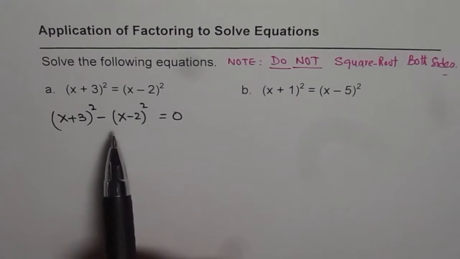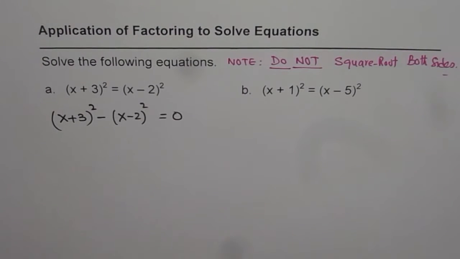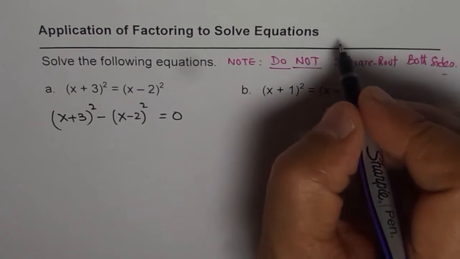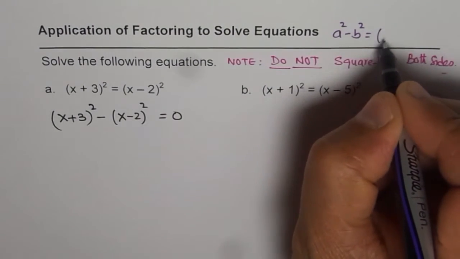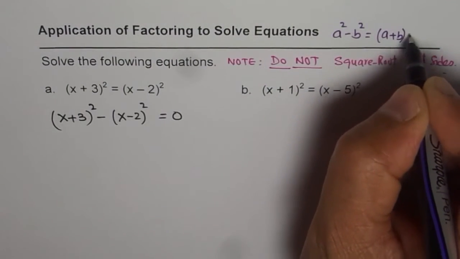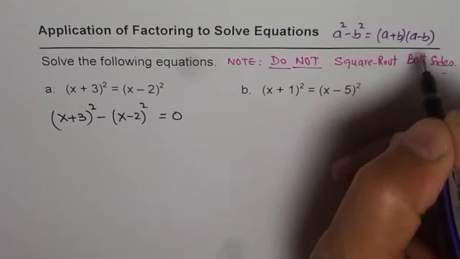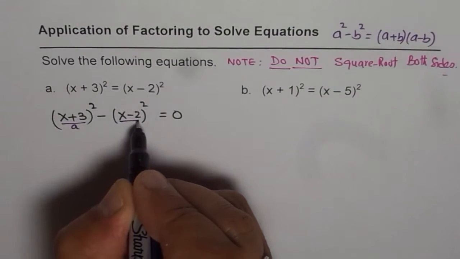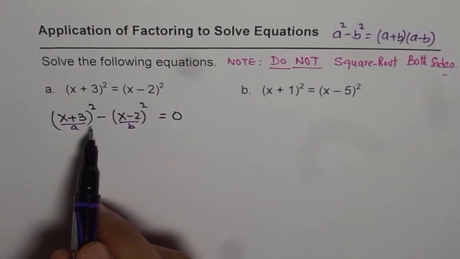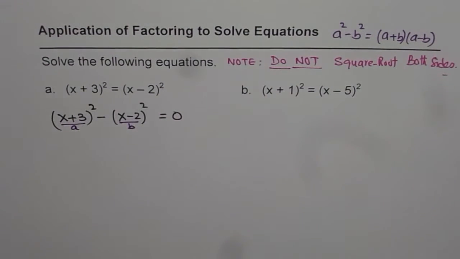Now we'll apply the factoring techniques learned. And the technique which we are going to use is difference of squares. I hope you remember, if you have a² − b², you can always factor this as (a + b)(a − b), right? So think as if this is a and this is b for you. So it is a² − b².